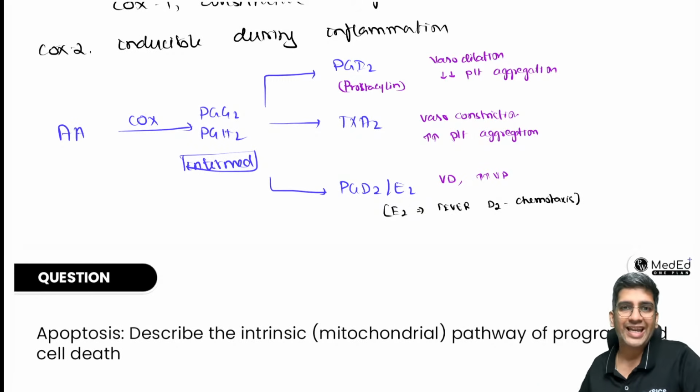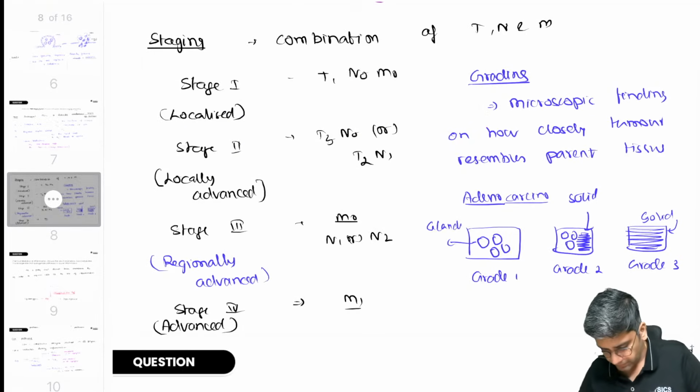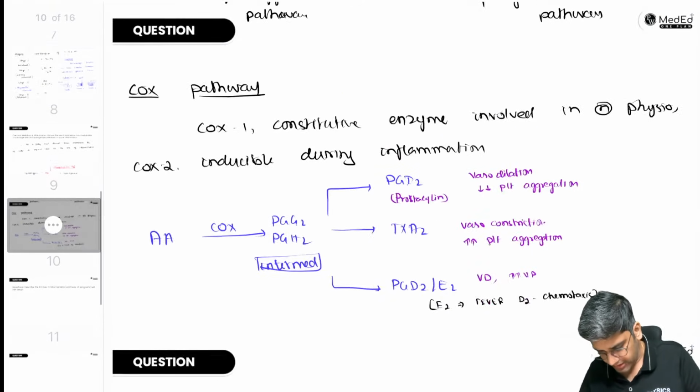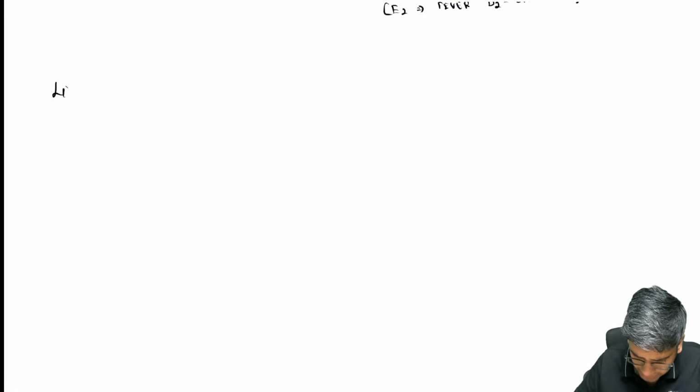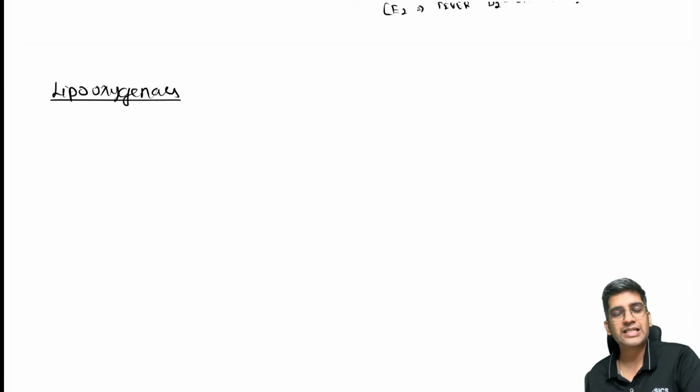Then comes your lipoxygenase pathway. Fine. Again, for the lipoxygenase pathway, if needed, write the intermediary. Otherwise, ignore the intermediary. There are quite a few intermediates, like 5-HPETE, and multiple things come, right?